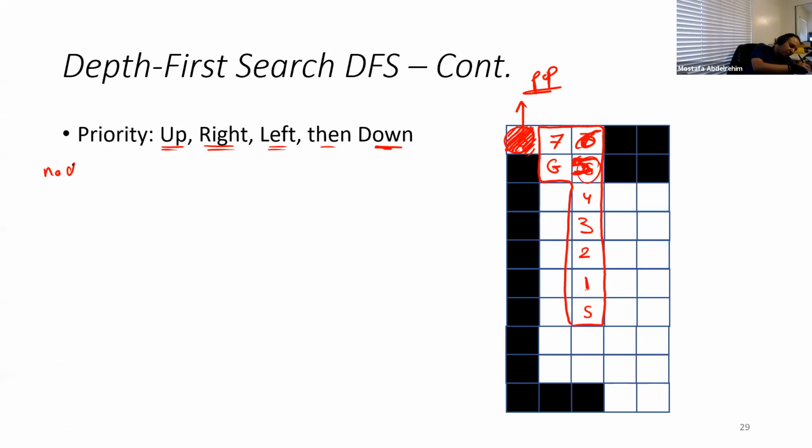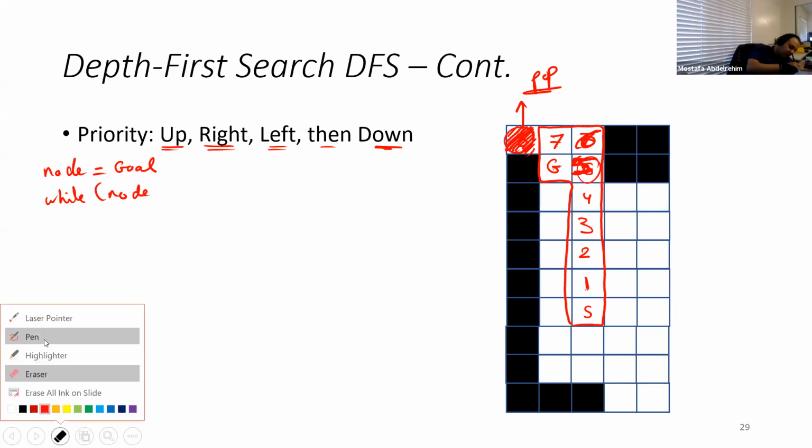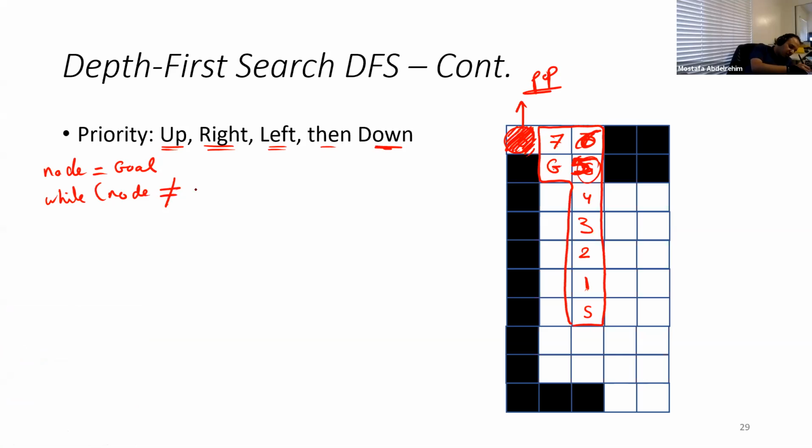Set a variable called node equal to goal, and make while node doesn't equal start. It's pseudocode, so we can use better notation. So the node now equals the goal node.